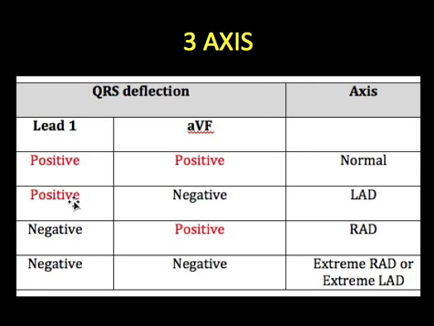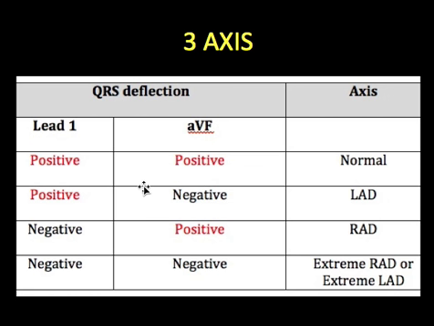If the QRS is positive in lead 1 and negative in lead AVF, that's called left axis deviation. You can remember it like this: say this is the baseline, and the QRS in lead 1 is up, it's positive, and the QRS in AVF is negative, so they are pointing away from each other.